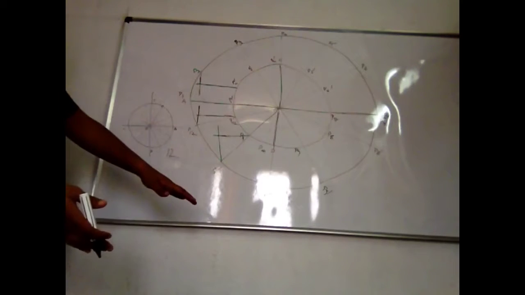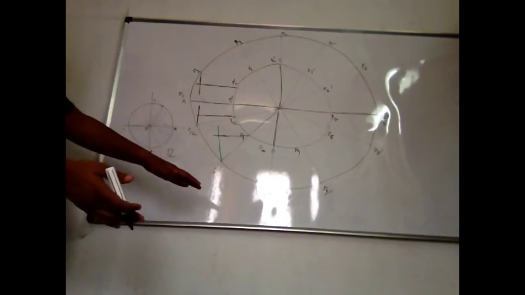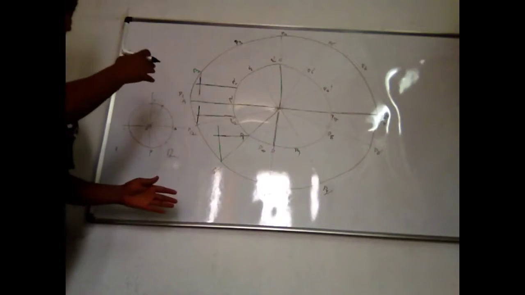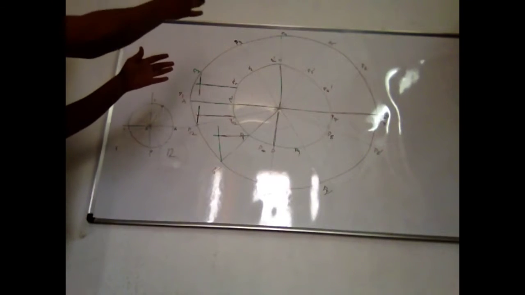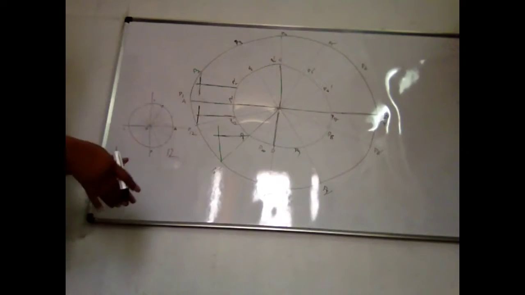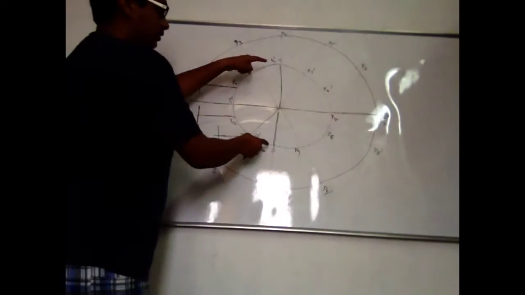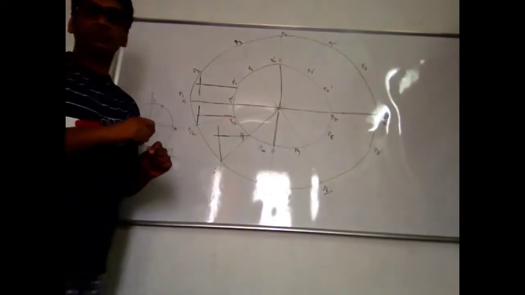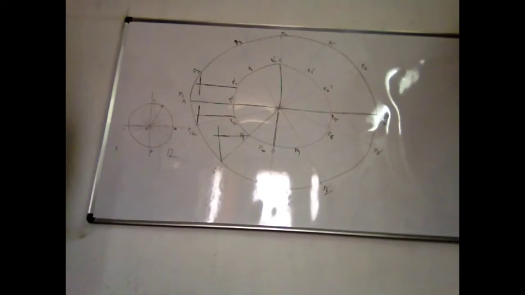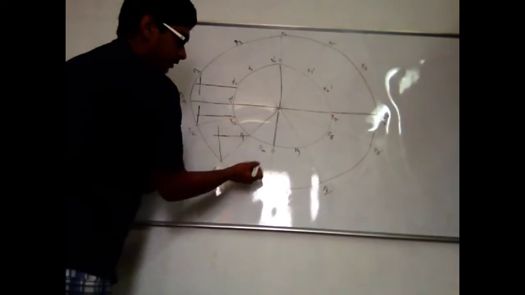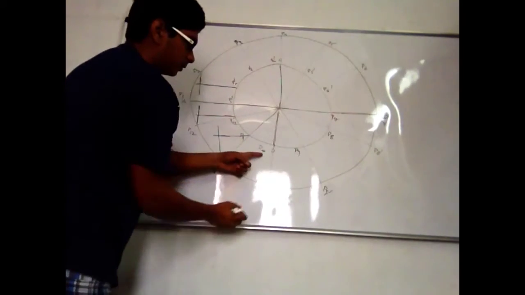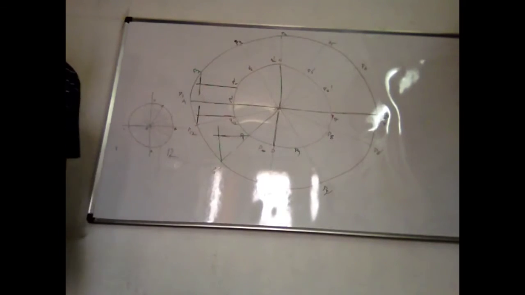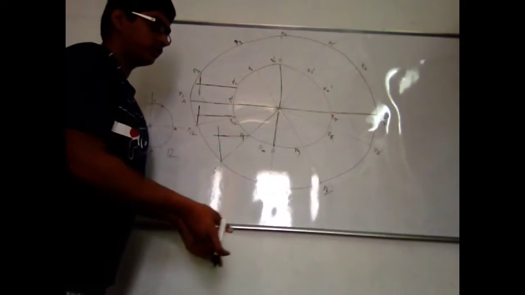When you are considering the bottom part of the diagram, draw the vertical lines and project them upwards, and when you are drawing on the top, project them downwards, because this is the minor axis and this is the major axis. Fine with that? Here this is already P10, the end of the minor axis, so no need to draw any projection.